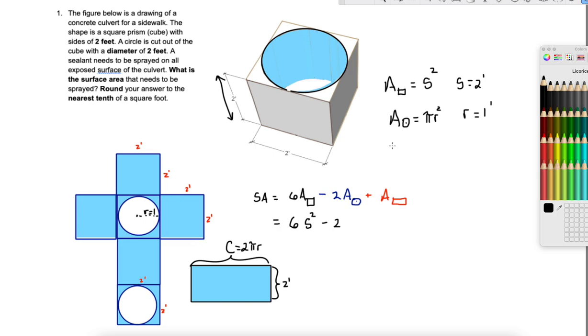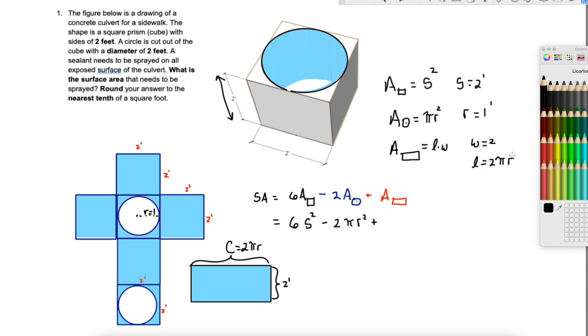and the area of a rectangle, let's make this look like a rectangle, is length times width. But our length and our width, let's get this in here, pi r squared goes here. Our width is going to be 2, and our length is actually going to be 2 pi times r.